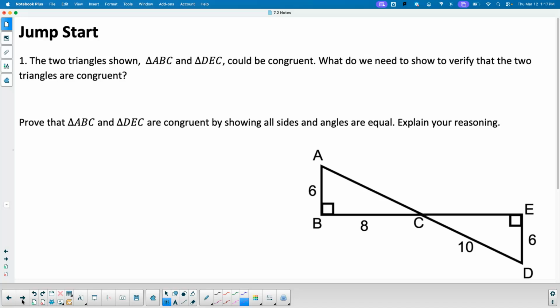Yes? Okay, all right. So if I'm looking at triangle ABC right here, I don't know side AC. Correct? Okay. How can I find side AC? We can use Pythagorean theorem, right? Okay. So 6 squared plus 8 squared would be side AC squared. 6 squared? 36. 8 squared? 36 plus 64?